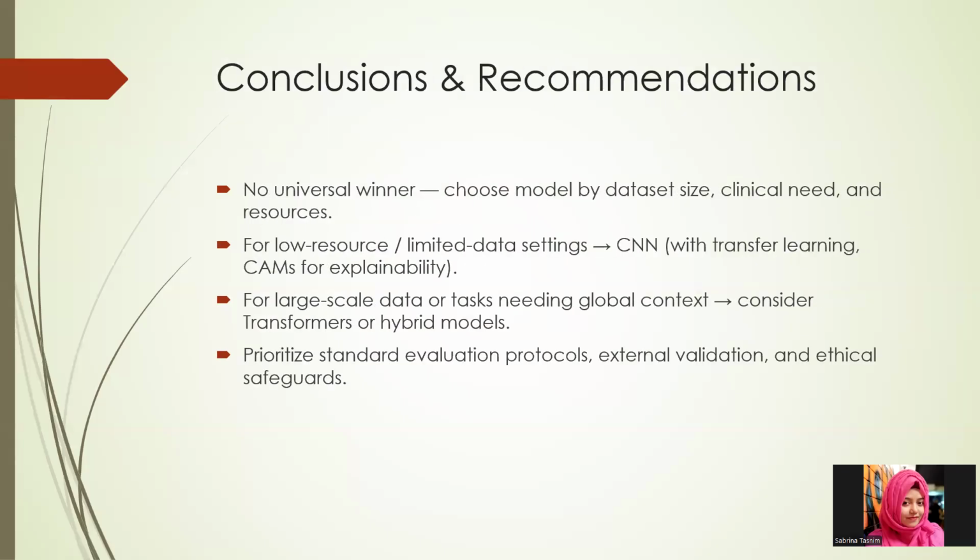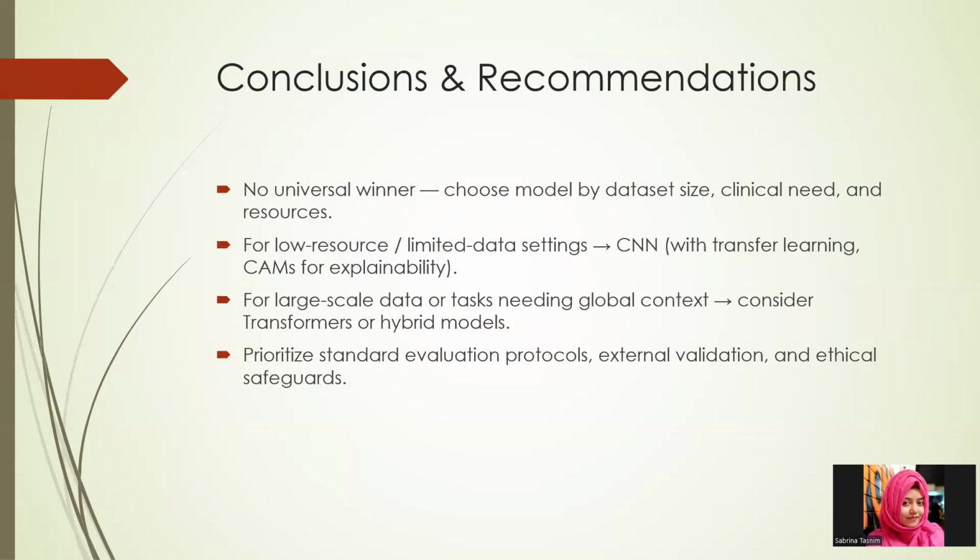So now we are at the last slide, the conclusion. In conclusion, there is no universal winner between CNN and transformer models. CNNs are efficient, stable, and suitable for limited data and low resource settings. Transformers are powerful for global context modeling and better suited for large scale datasets, but computationally very expensive.